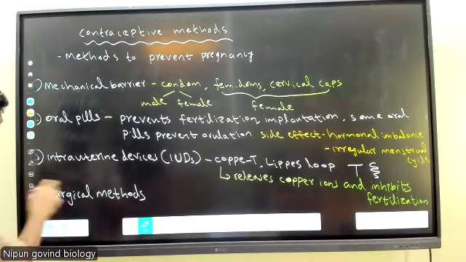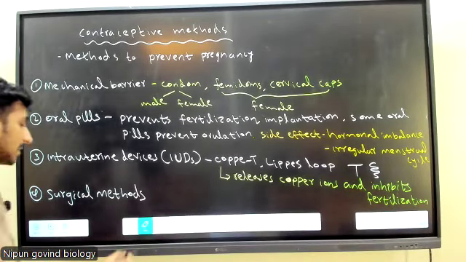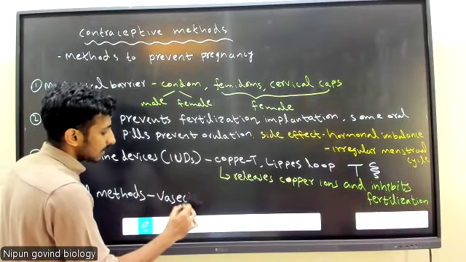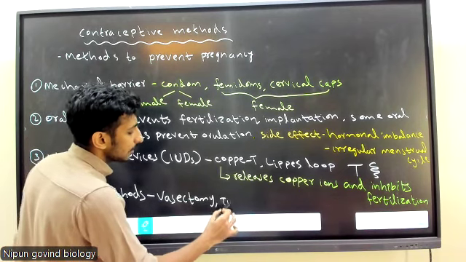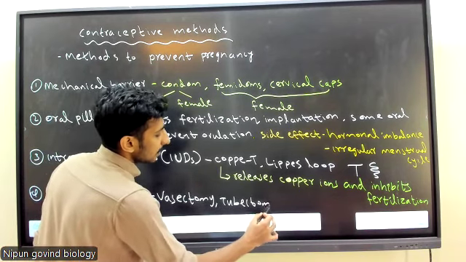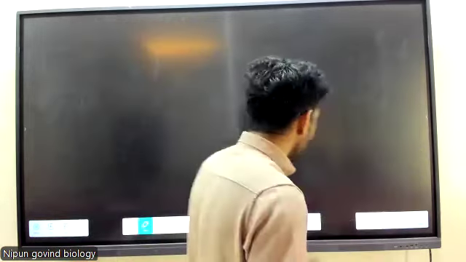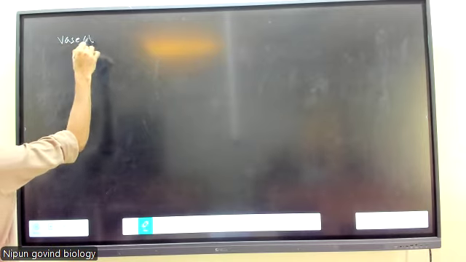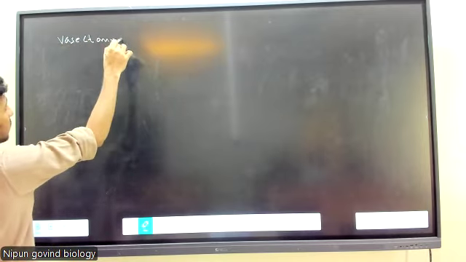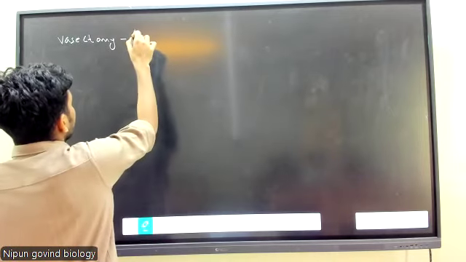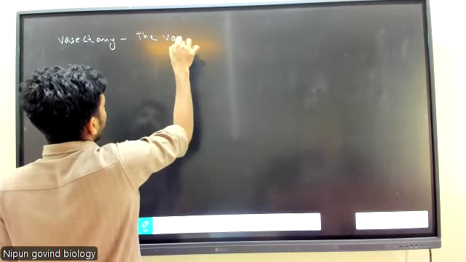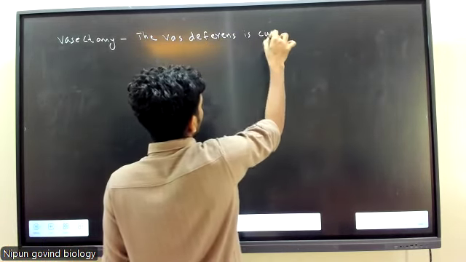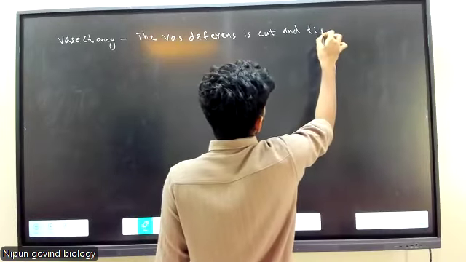Okay, guys, and surgical methods. There are two surgical methods. One is vasectomy. The other one is tubectomy. First, vasectomy. In vasectomy, the vas deferens is cut and tied.